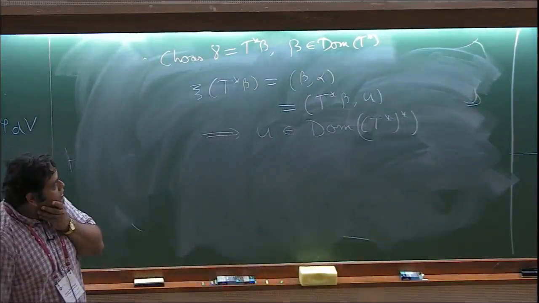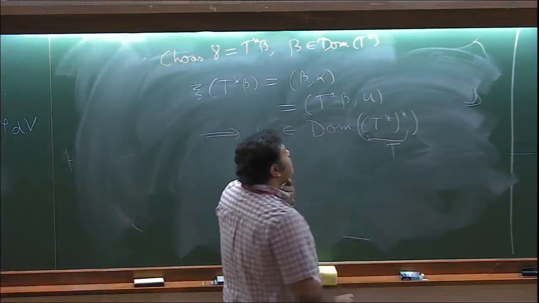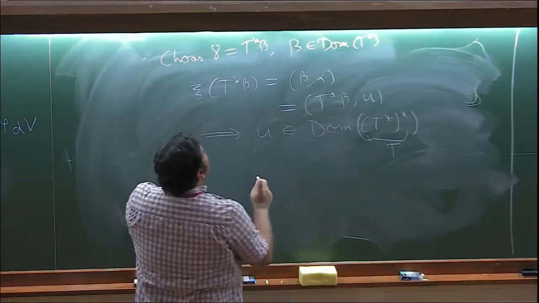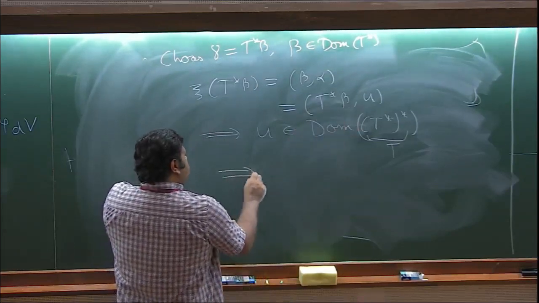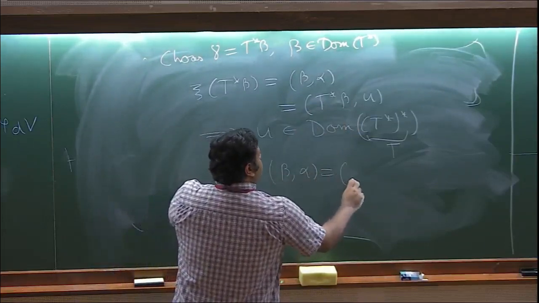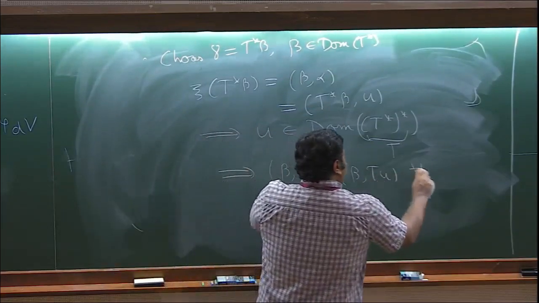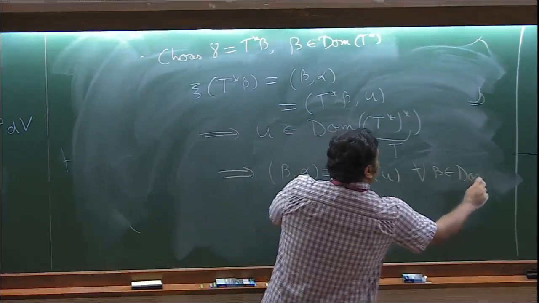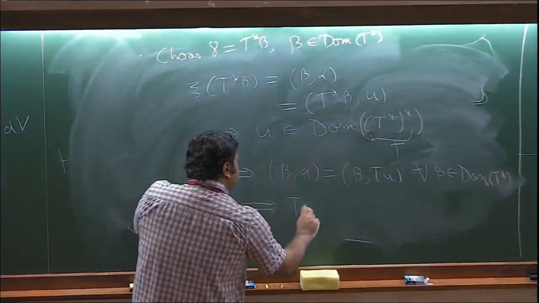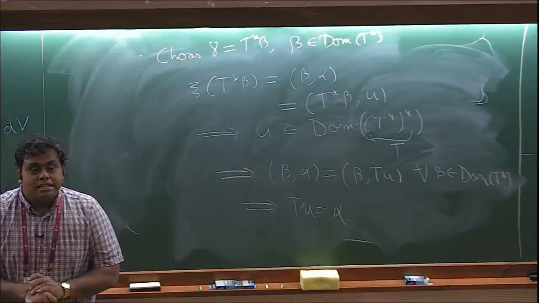And it is not difficult to show that this is basically the same as T, which means u is in the domain of T, and now I can move T star to the other side, which means (beta, alpha) is (beta, Tu) for all beta in the domain of T star, which gives that Tu is alpha because the domain of T star is dense.